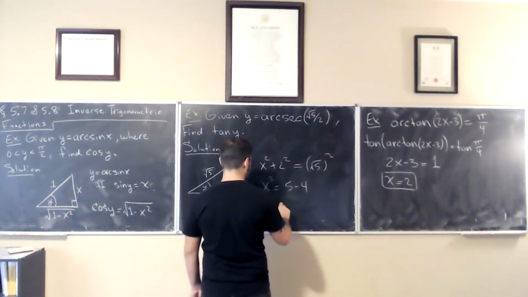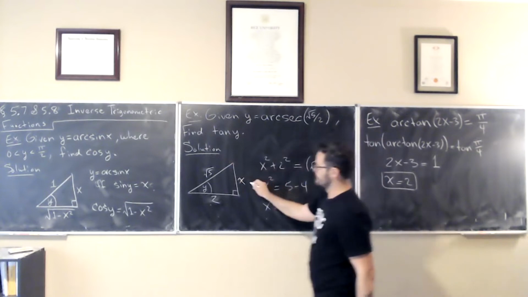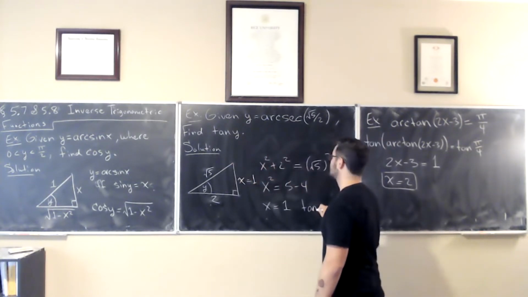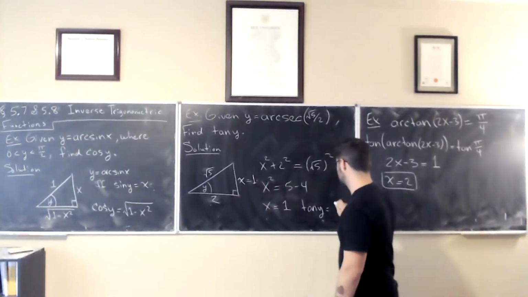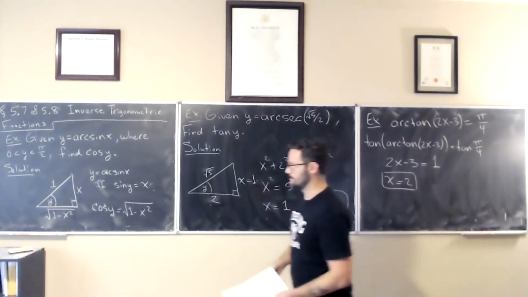So that means that x is equal to 1. So once I know that x is equal to 1, tangent y must be equal to 1 over 2. And then that's it.